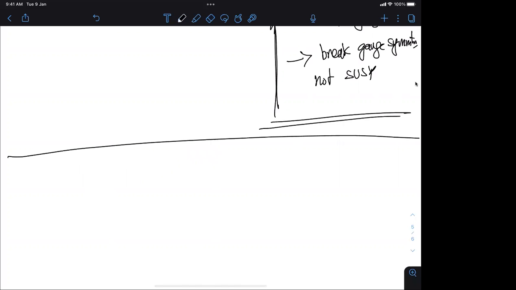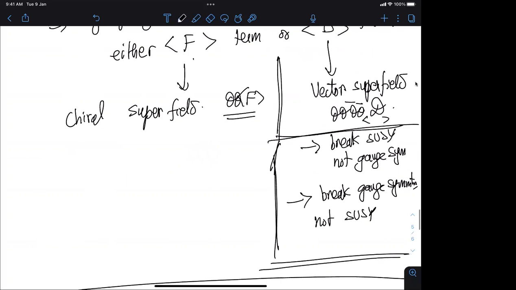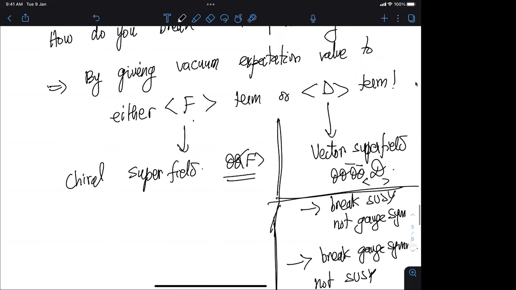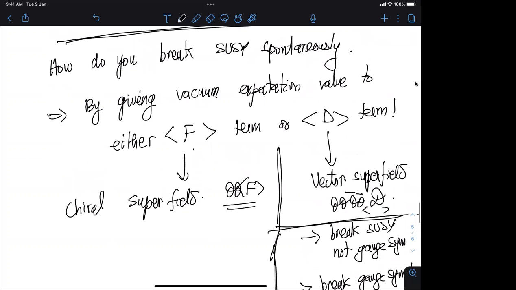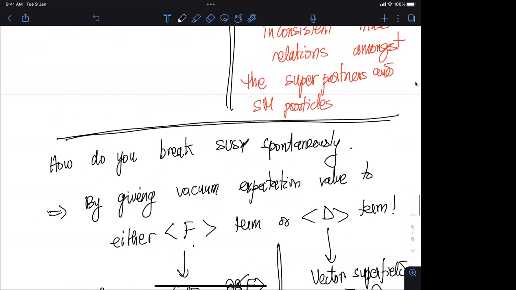Question: in this F-type and D-type breaking, is the mass relation, that supertrace relation, not valid? It's still valid.